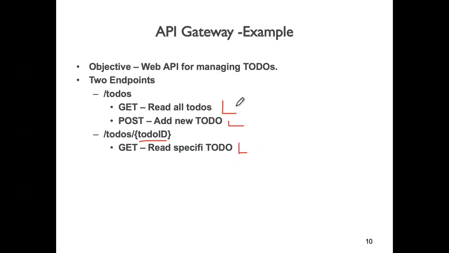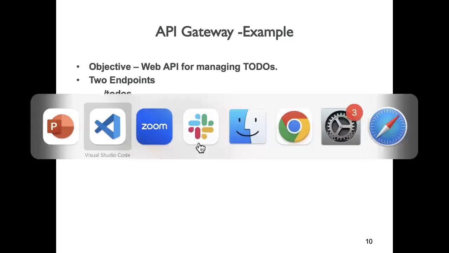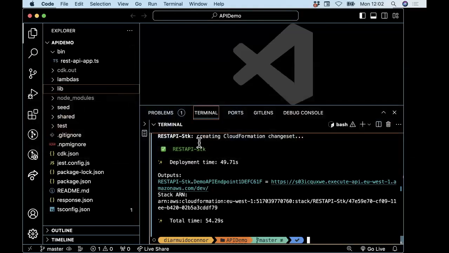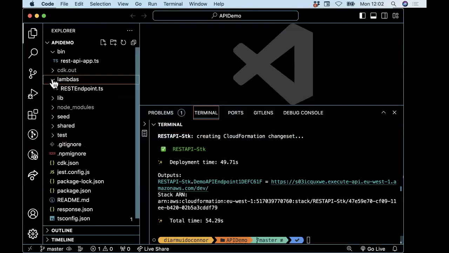But I'm not really interested in that aspect of our web API. All I'm really interested in is the API Gateway part of our web API and how we configure API Gateway to create a web API for us. And the reason I'm mentioning that is if I look at my mini project that's implementing this web API, and if I go into the Lambdas folder, I only have one Lambda there, and it's really just a dummy Lambda.